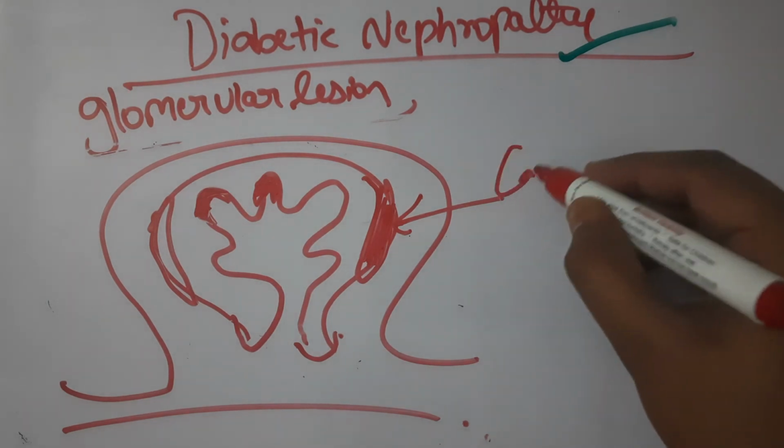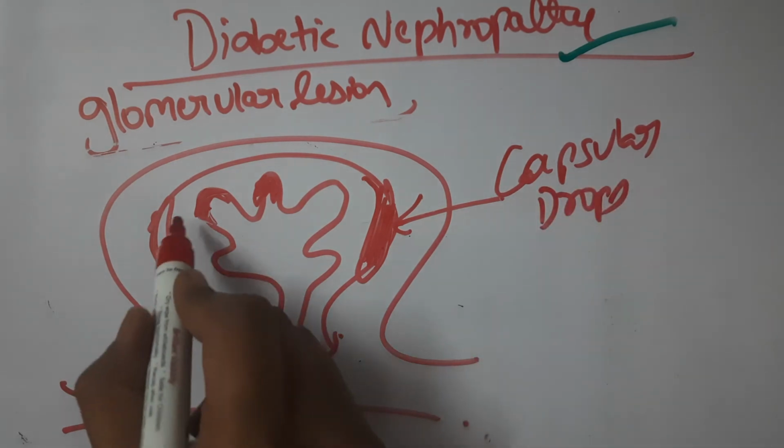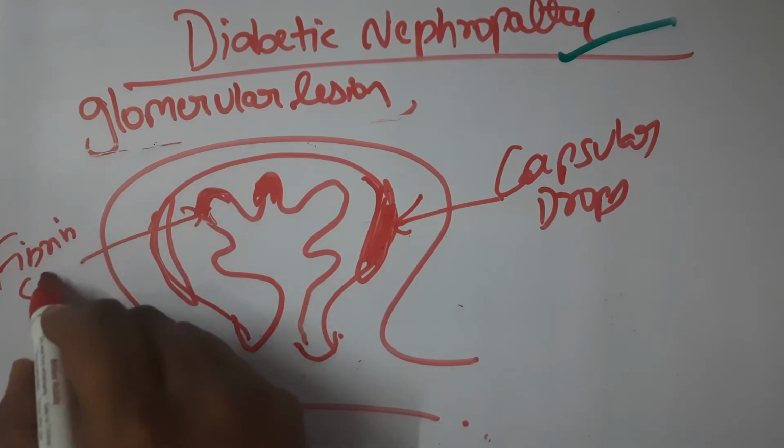So these are known as capsular drops. If hyaline membrane deposits are seen here, then these are known as fibrin caps.